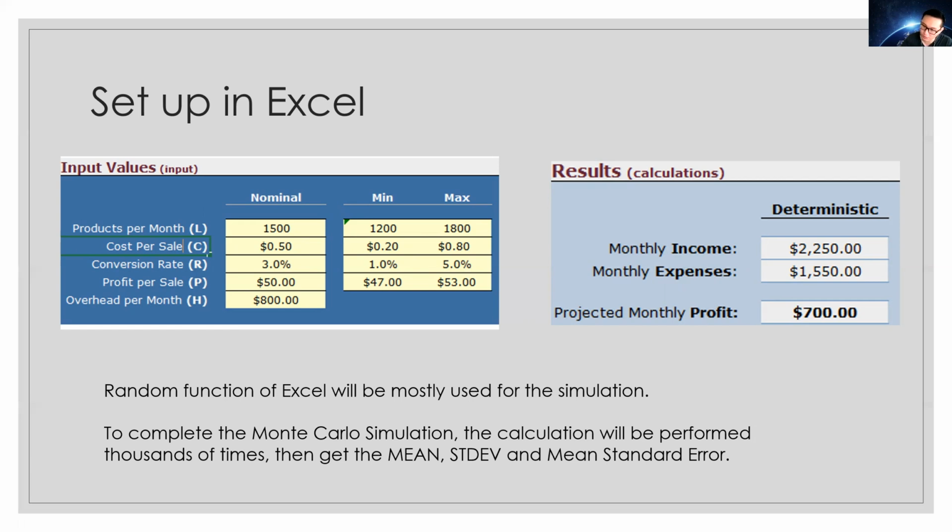Then we can get a result of the monthly income and expenses, and subtracting them gives the monthly profit. To complete the Monte Carlo simulation, the calculation will be performed thousands of times. Then we can get the mean, the standard deviation, and the standard error out of it.